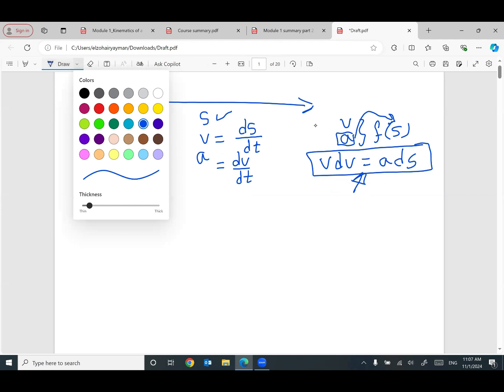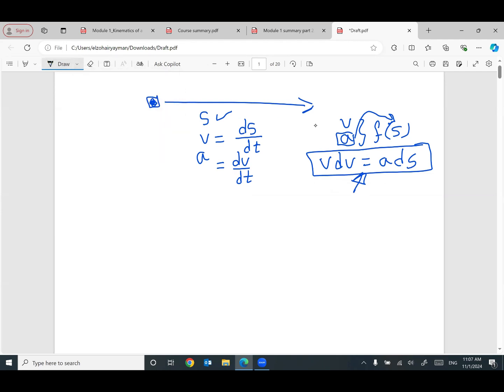Also, in the previous week, we learned that sometimes your particle is moving in a curvilinear motion. Curvilinear motion means we have a path, and this path is not a straight line. So we learned that at any position, you will have X and Y components for the position.